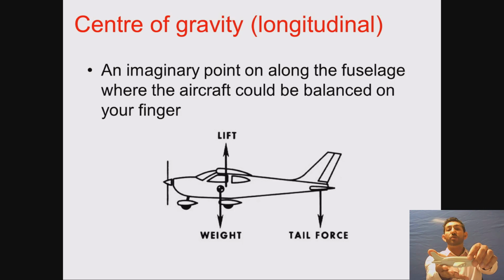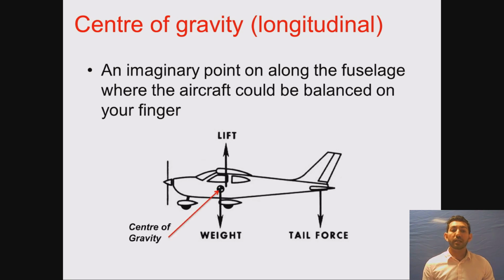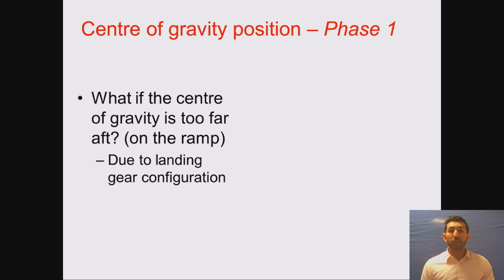If you move the center of gravity too far back, it would actually tip forward. So all it is is finding that point where the aircraft is balanced, and that's quite important because the stability of an aircraft is really based around that point, and exactly where it shifts to.